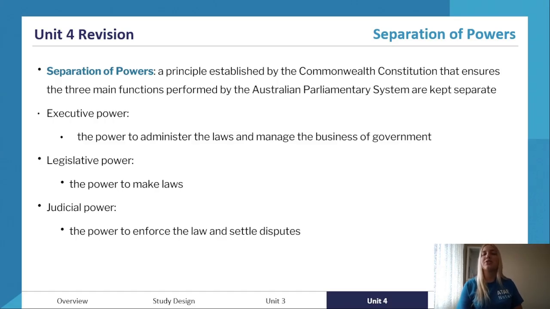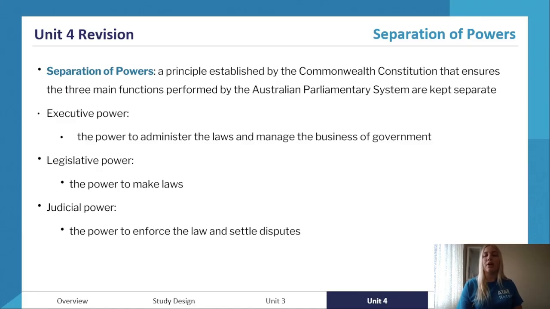So remember, separation of powers separates areas of Australian Parliament into executive power, which is the power to administer laws and manage the business of government. This is essentially performed by ministers. They are the members of parliament from within the government party, the party with the majority of seats, that the prime minister selects to carry out certain specific roles.